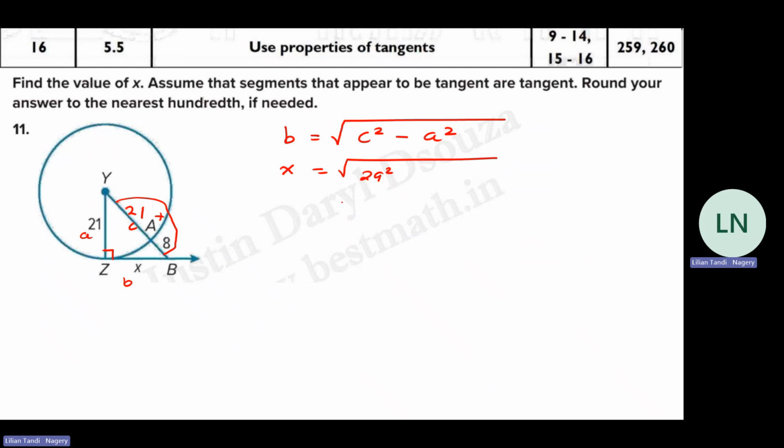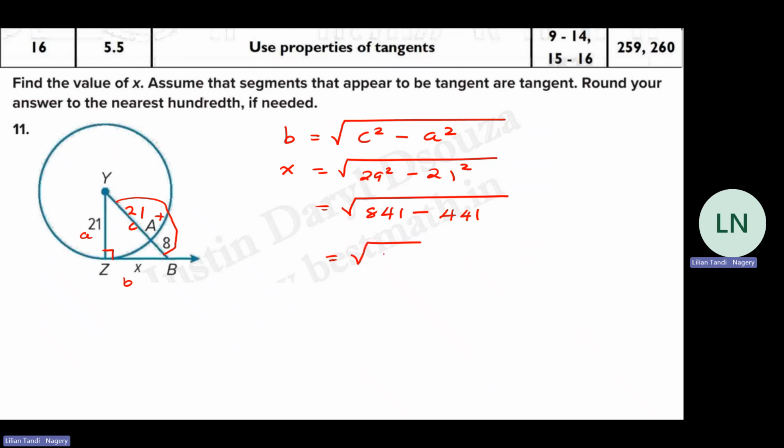I will add these two numbers. Minus 21 squared. Okay, 29 squared is 841 minus 21 squared, which is 441. 841 minus 441 gives us 400.